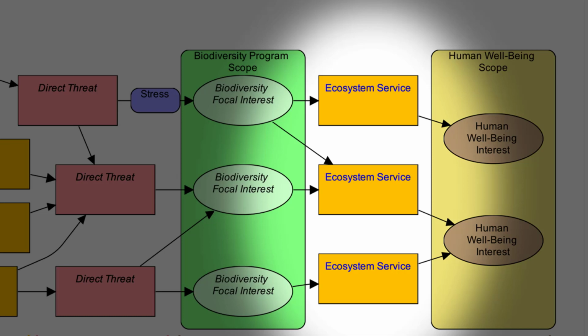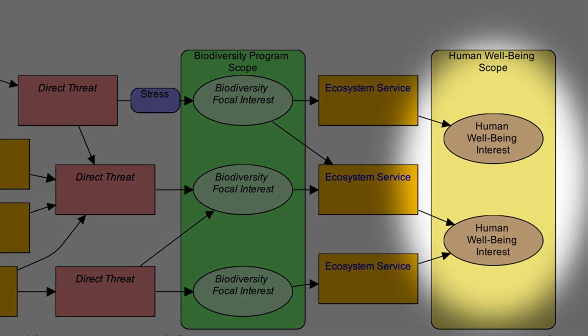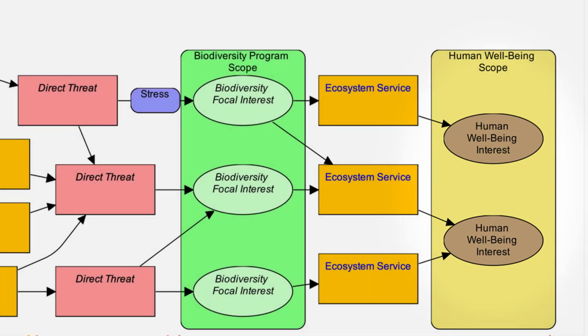Some concrete examples include water filtration, provision of wild food, or recreational opportunities. Finally, it can be important to show human well-being interests. In the context of biodiversity conservation, human well-being interests are those components of human well-being affected by the status of biodiversity focal interests. Some examples include food security, physical and spiritual health, livelihoods, and safety.